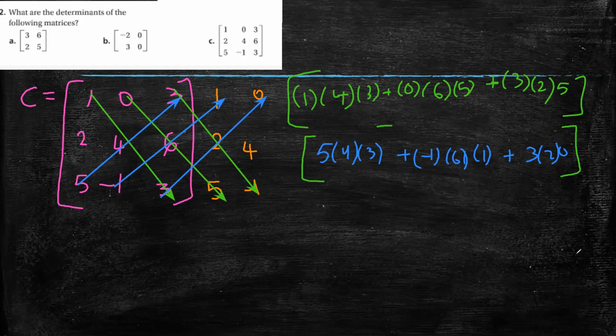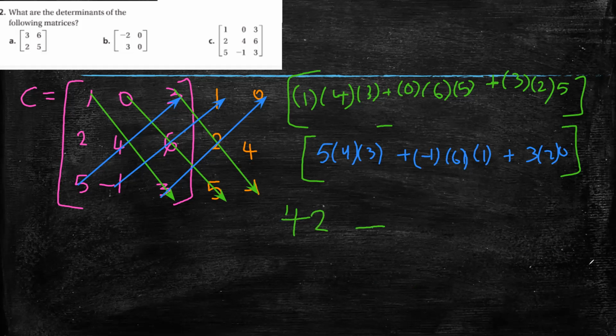Now, 1 times 4 times 3 is 12. 12 plus 0 plus 3 times 2 is 6, plus 5 is 30. 12 plus 30, it is 42. Minus.